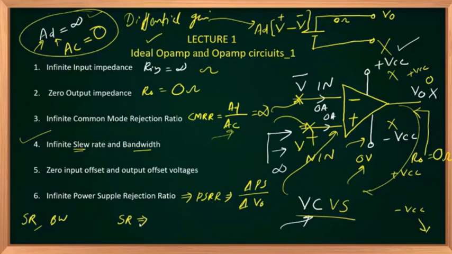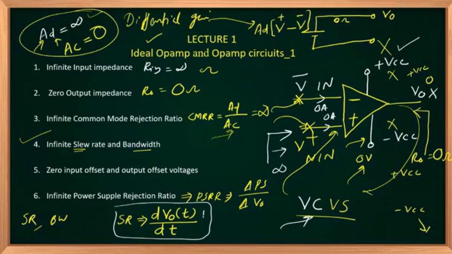Slew rate is the maximum possible change of output signal with respect to time. dV out by dt, I should write a max value, that is the maximum possible rate of change of output with respect to time is called slew rate.